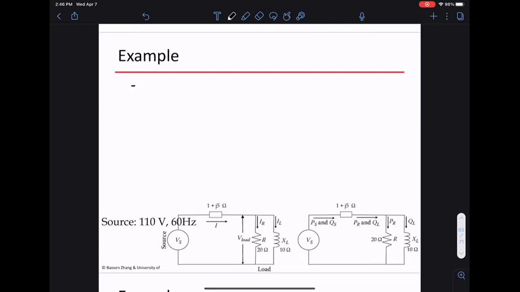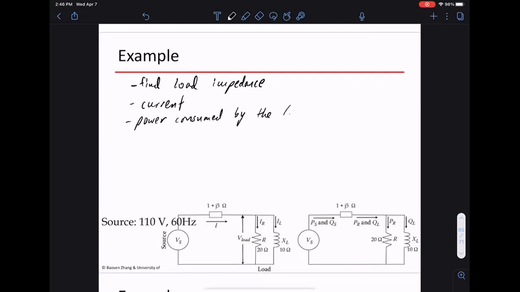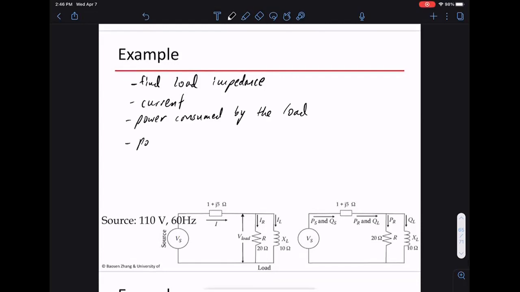So here we want to find the load impedance, we want to find the current, and we want to find, let's say, the power consumed by the load, the power lost in the line, and then the source power.